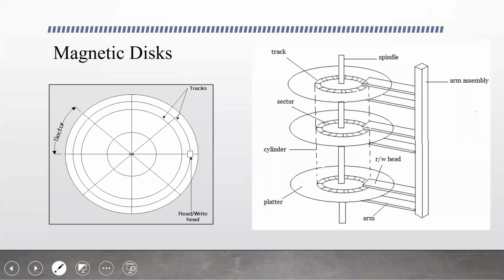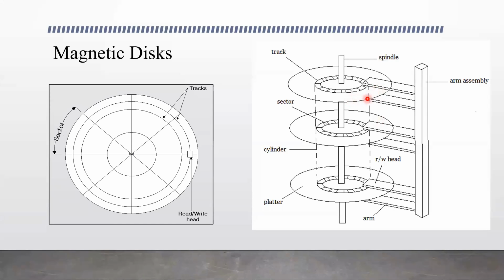When we talk about the magnetic disk, we will learn about magnetic disks and then magnetic tapes, starting with the internal organization of the hard disk. Hard drives generally have several disks or platters with an electromagnetic read-write head for each surface.